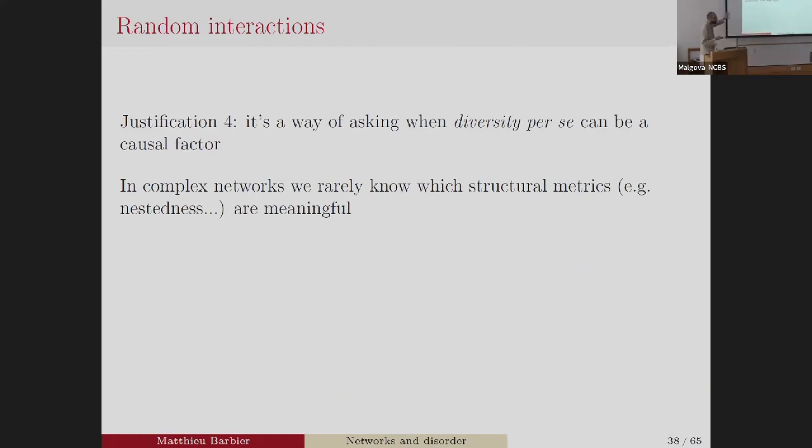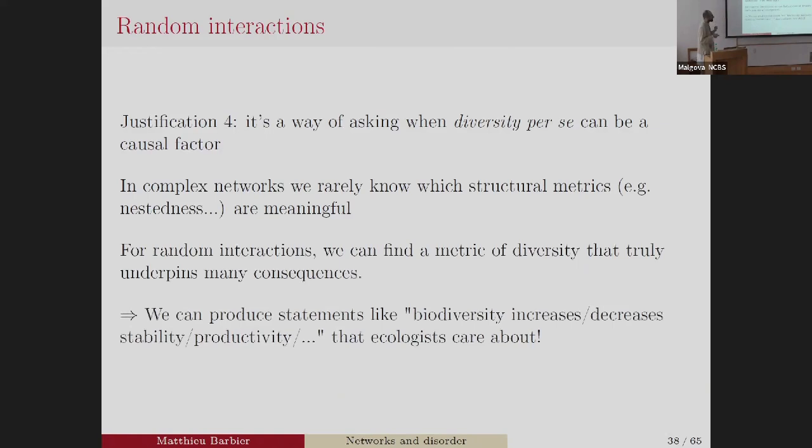In a random interaction model, we can really find a metric of diversity that truly is causal, that really predicts many properties of the system. So why did ecologists start to look at random matrices and these kinds of things? Because it's the most basic model in which diversity is the cause of something, where you can ask, is diversity going to be good or bad for, let's say, stability, right? Which was the original Robert May paper.